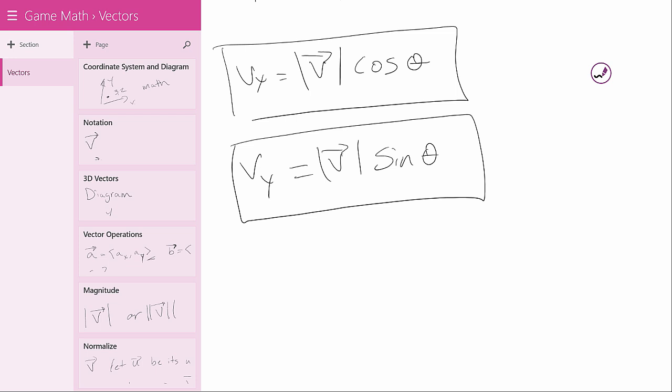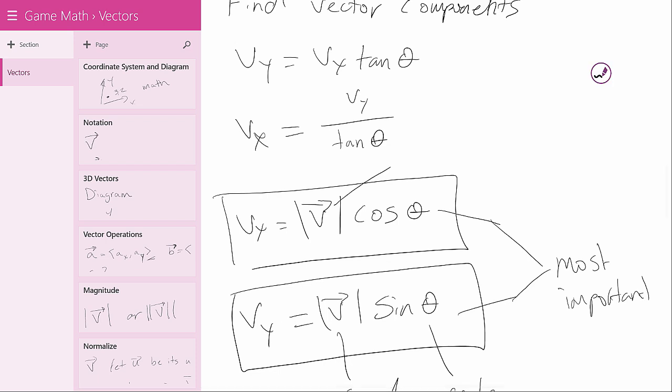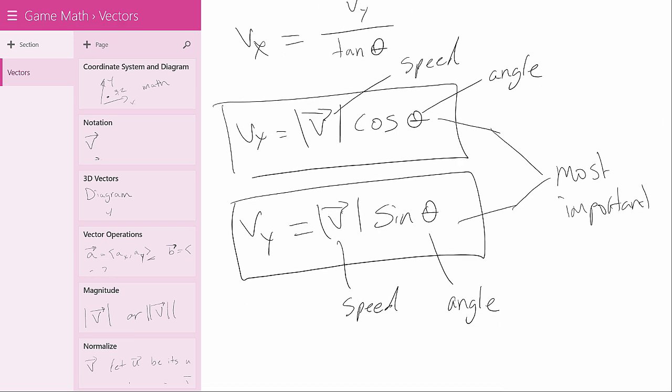These two are the most important things that you will use in your game. These are the most important because you usually have the angle you want your object to travel, and you have your speed. You have those two values, and it's easy to get the x and y component based off those values.